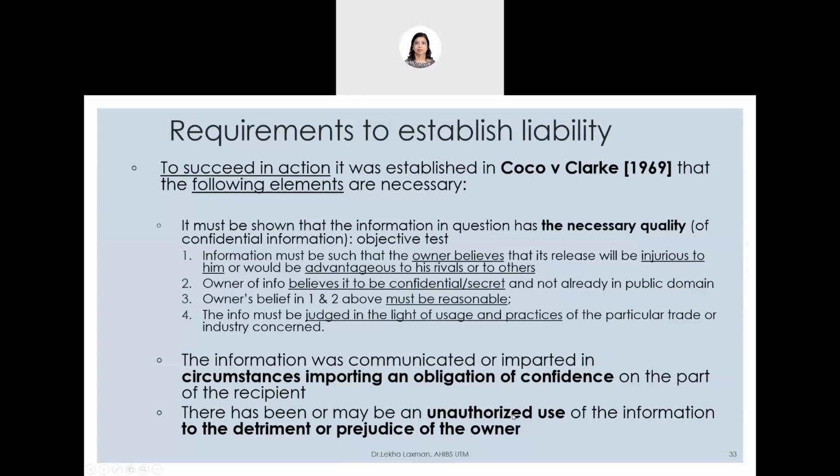And therefore, if there has been an unauthorized use, it could be to the detriment or prejudice of the owner. So these are all the elements that are very important based on the decision in the case Coco versus Clark.